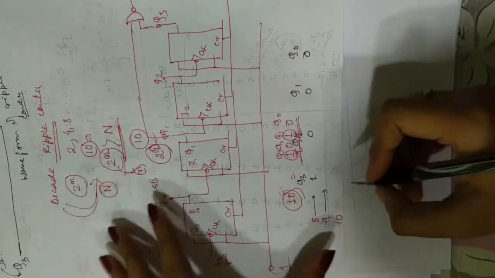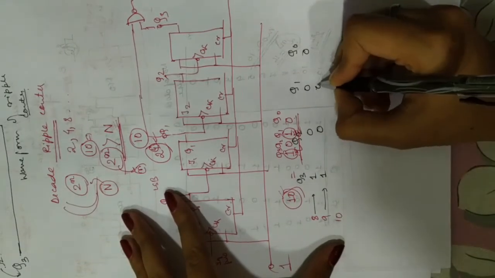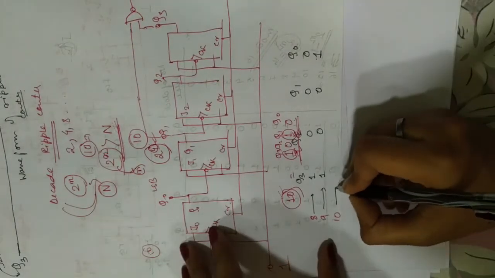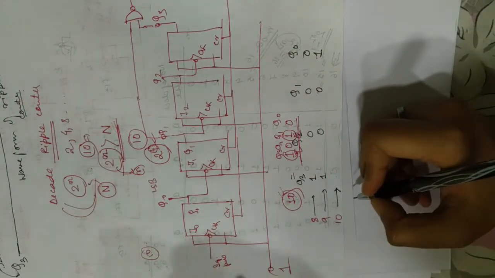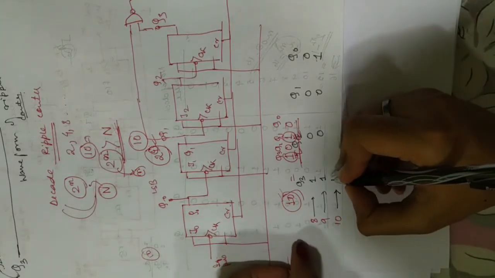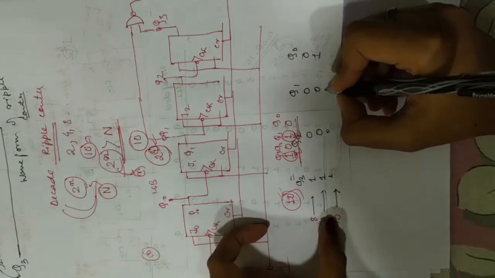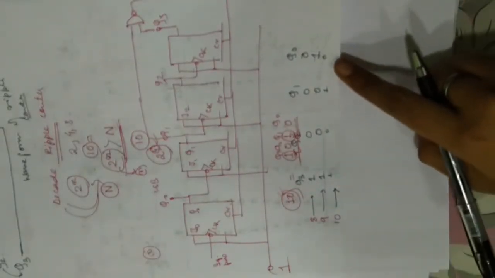In our 9th clock pulse, what we have is 1 0 0 1, right? The same working. Now what happens in the 10th clock pulse? In the 10th clock pulse, our outputs become 1 0 1 0, right? Our 10th clock pulse should give us this output.